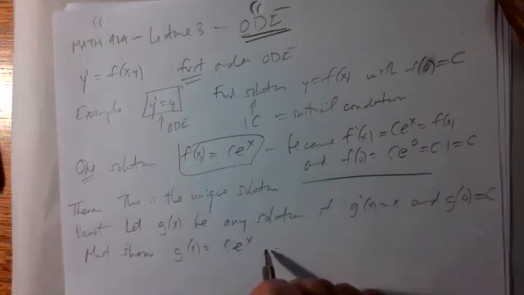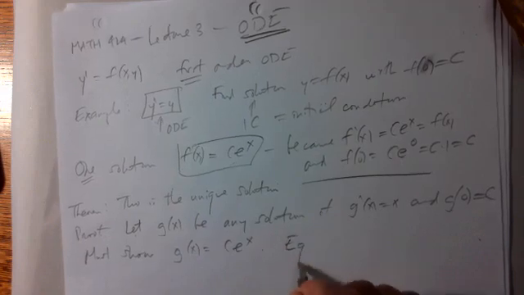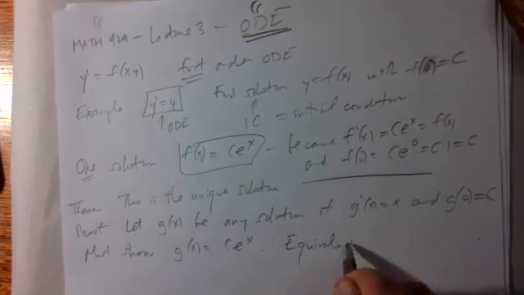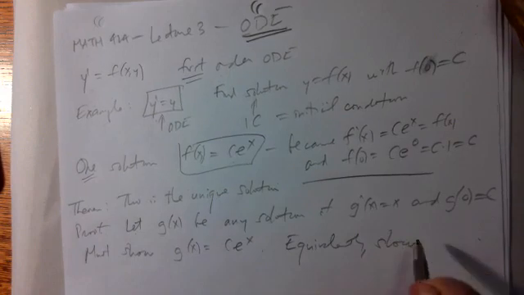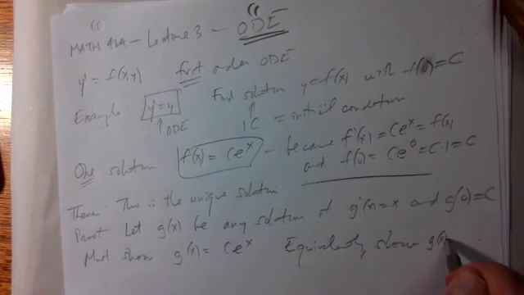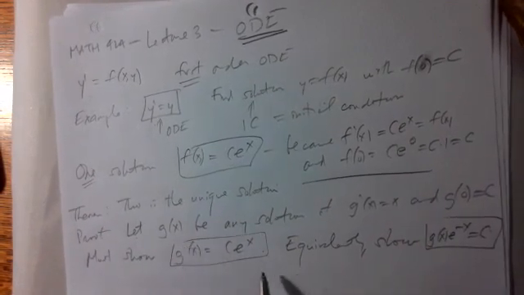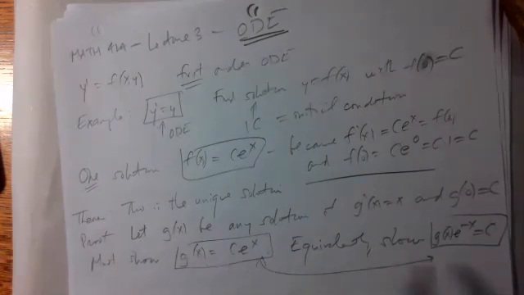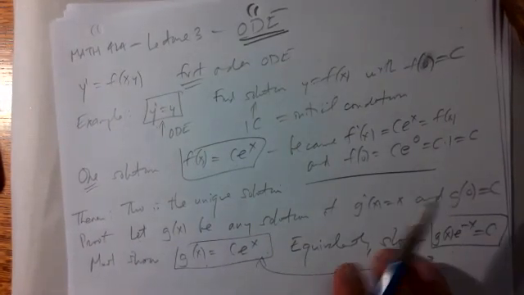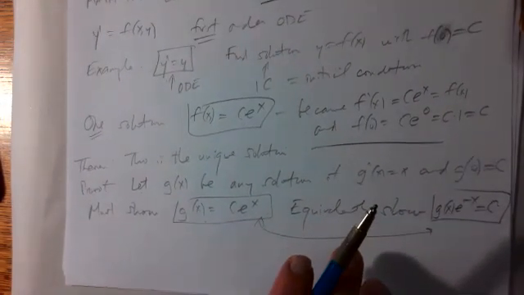Or equivalently, we're going to show that if we look at the function g of x e to the minus x, that's equal to c. This equation is the same as this, just multiply by e to the minus x.